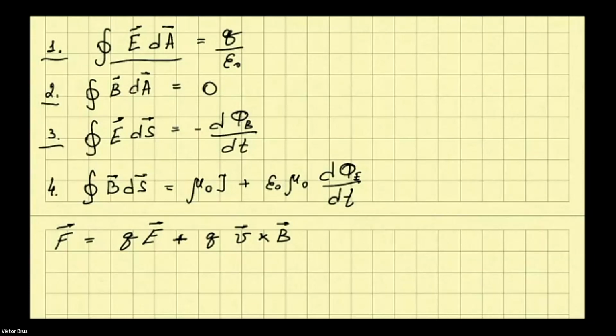It tells us that the integral over a closed path of this product E vector ds vector, which is equal to the induced electromotive force, is not equal to 0 if there is a time-varying magnetic field flux.